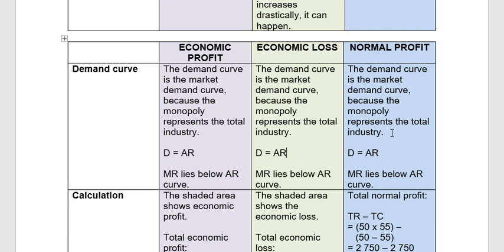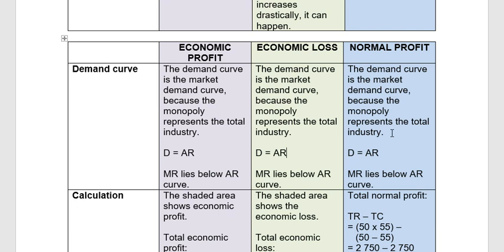Then we also said, remember this is true in all the market structures, price always equals average revenue. So because average revenue is always the same as the price, your demand curve also represents your average revenue curve. However, because your demand curve has a negative slope, the implication of this is that the marginal revenue is not equal to the price.